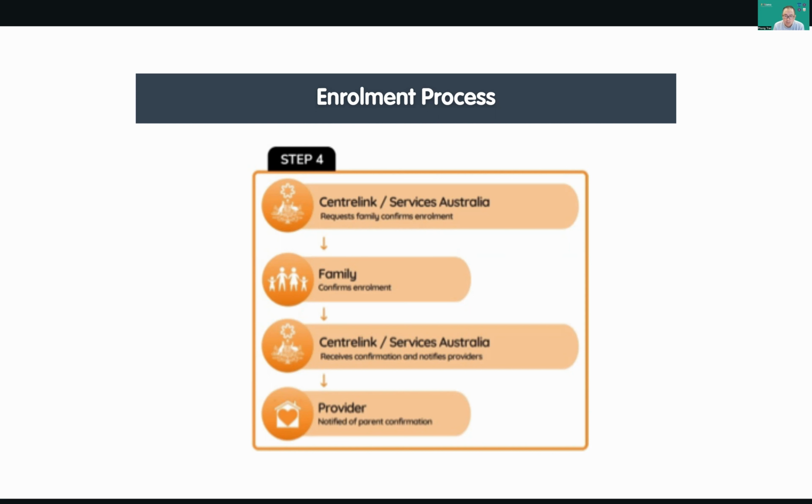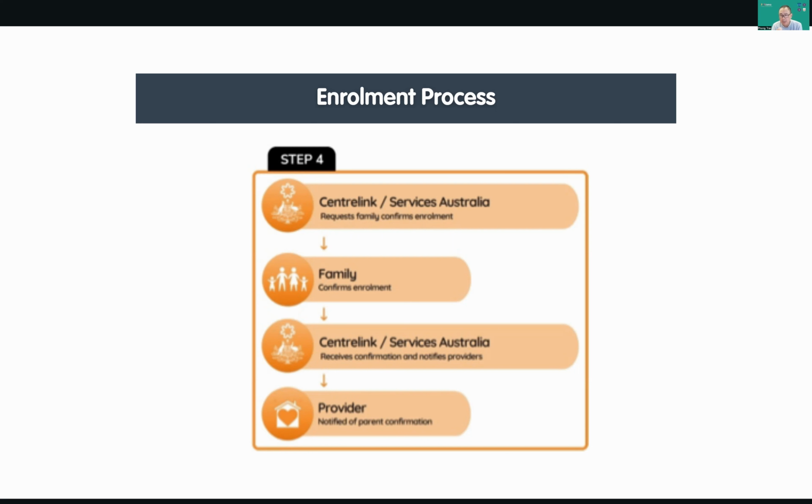While the dispute is being resolved, you as a provider can continue to care for the child and must submit session reports. You've still got to submit session reports even whilst it's in dispute, although payments will not be processed for these sessions. So you don't get any CCS if a parent disputes an enrollment.